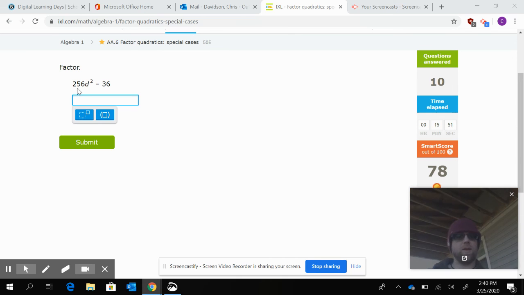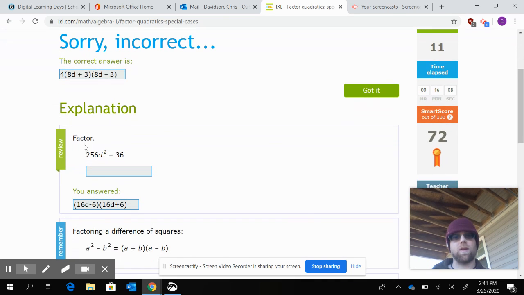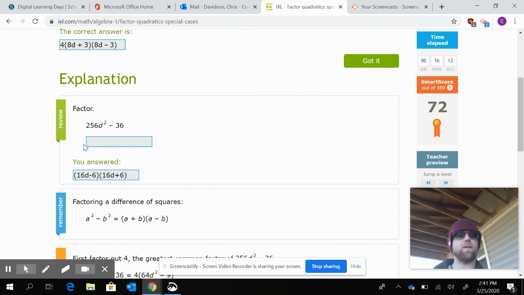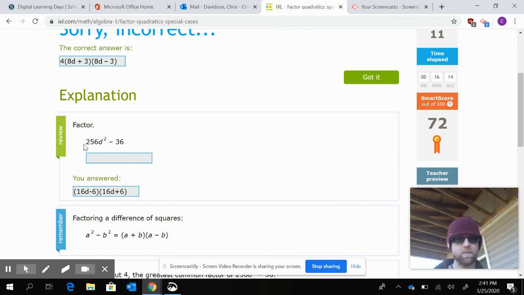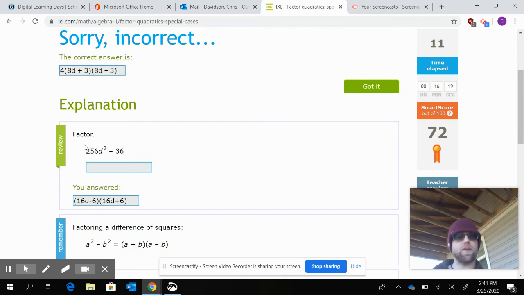So this is going to be 16d minus 6, 16d plus 6. They factored out before. So yeah, I don't agree with that because they just factor out the GCF.